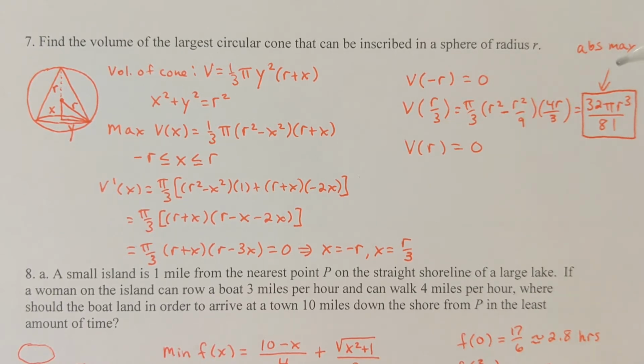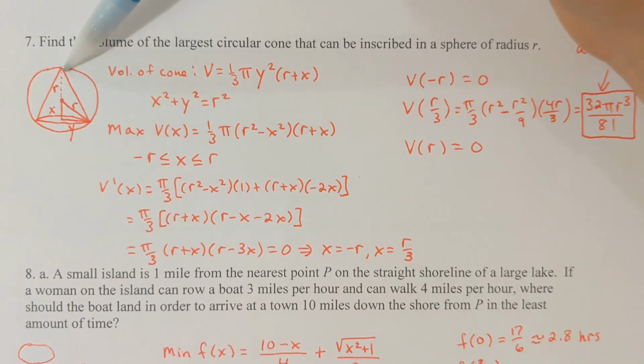Okay, and all right, now the volume of any cone is 1/3 times pi times the radius squared of the circular base times the height. Okay, and now in this picture, I got this cone, like I said.